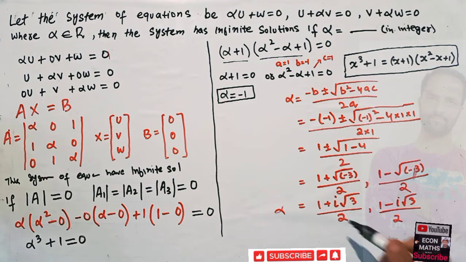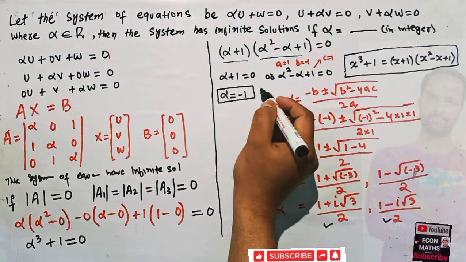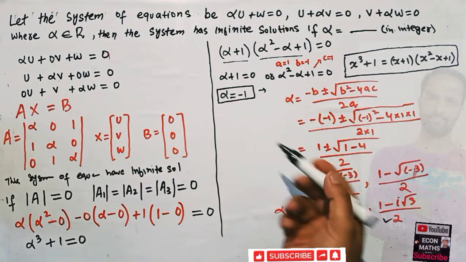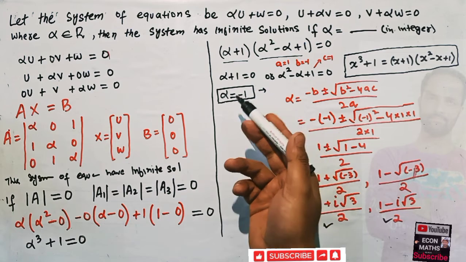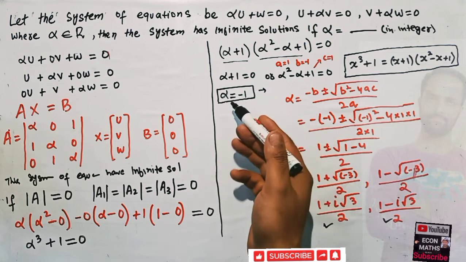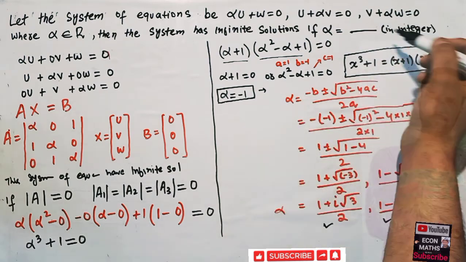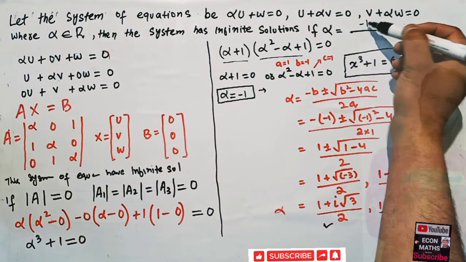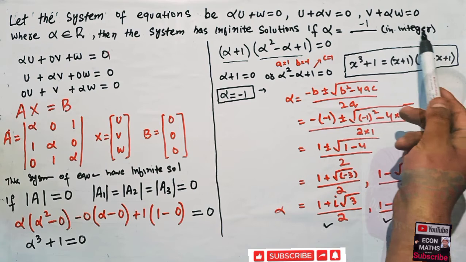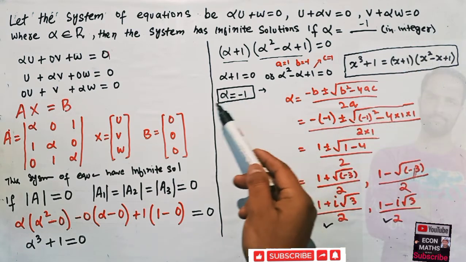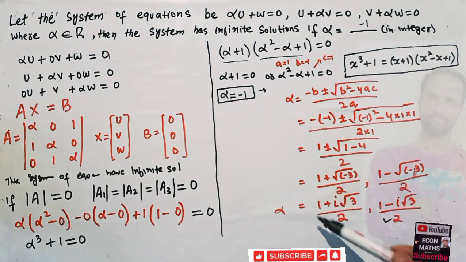Here you can see these are imaginary values, and we only get one real value for alpha. That means the answer to this question should be equal to minus 1, because we are being told the answer should be an integer. Only alpha is equal to minus 1 is an integer. These are imaginary numbers.